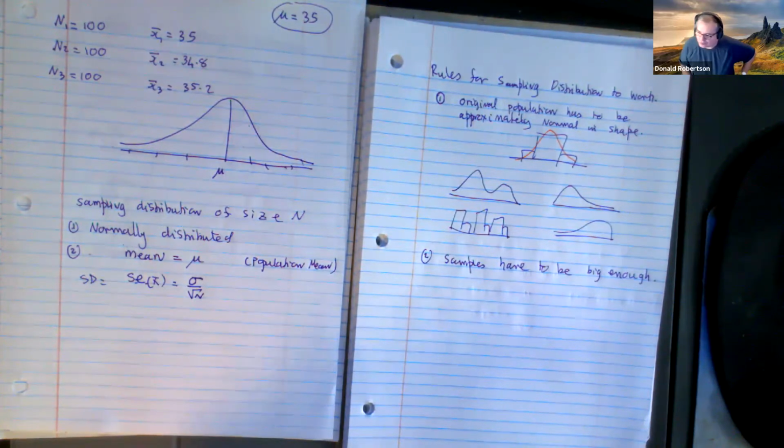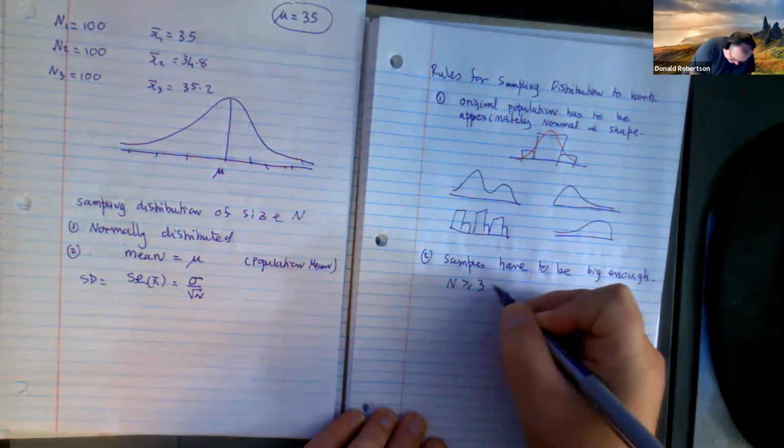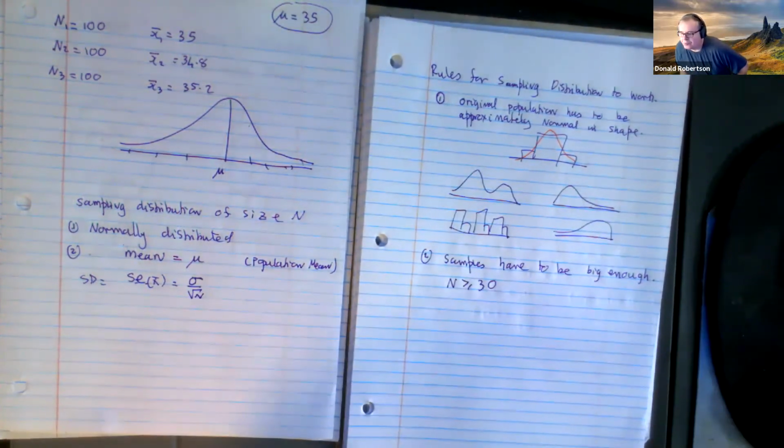So I'm telling you my big. You need to have at least 30 people in your sample. That doesn't seem too, what's the word I'm looking for, severe. Would you agree I'm not pushing it much? 30's a reasonable amount. Everybody should be able to get 30, right?